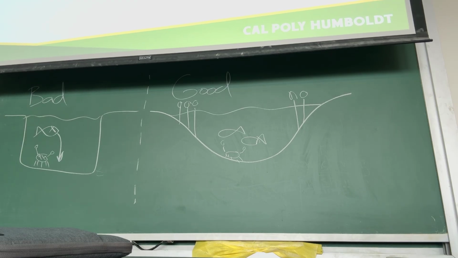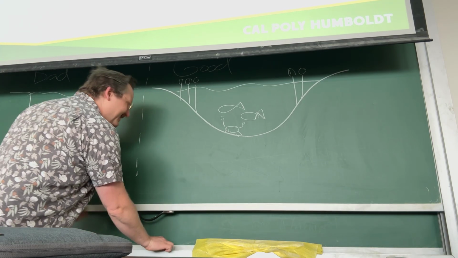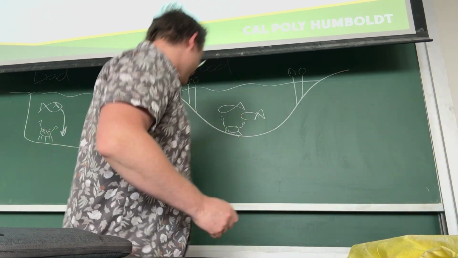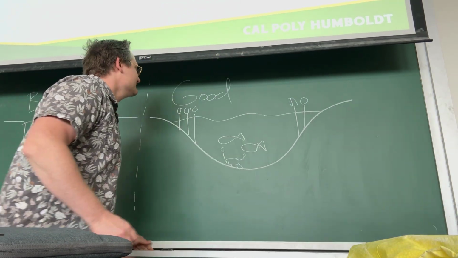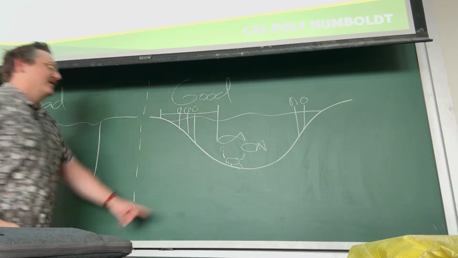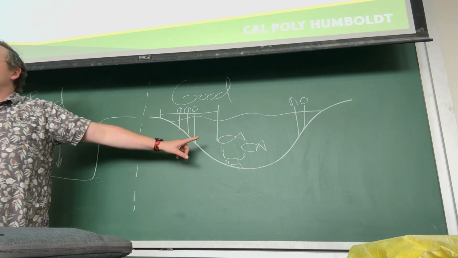Ecotone transitions. I think that's a word that's new for our class, maybe? But here's the great thing. I already drew a good pond. And a good pond is good, partially, because it has what we call an ecotone. An ecotone is a region where conditions are gradually changing.